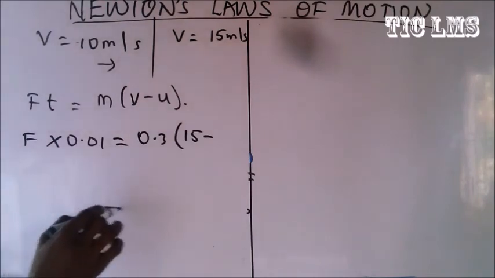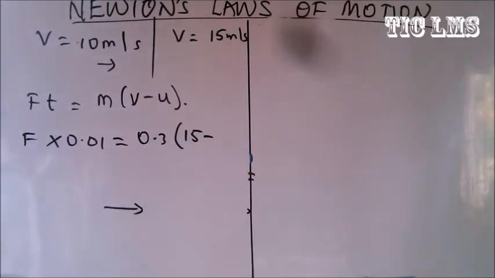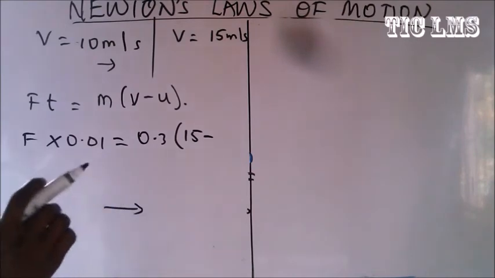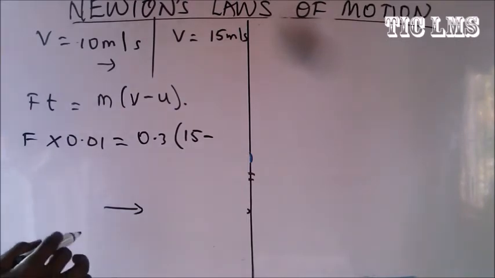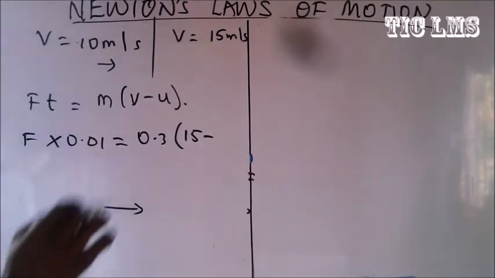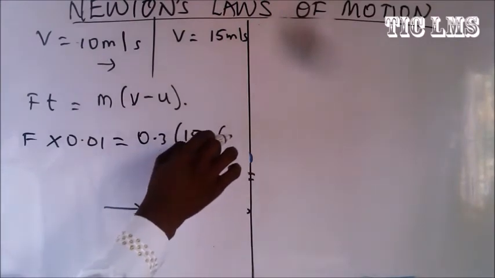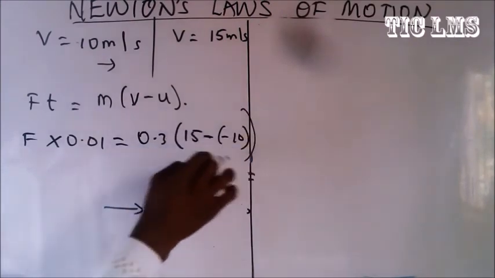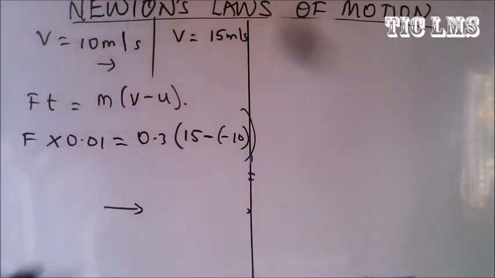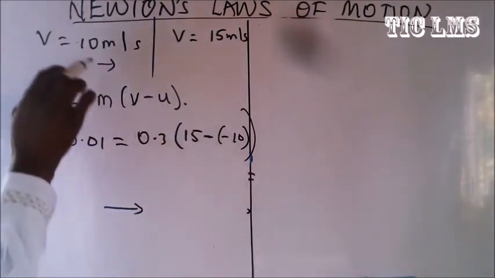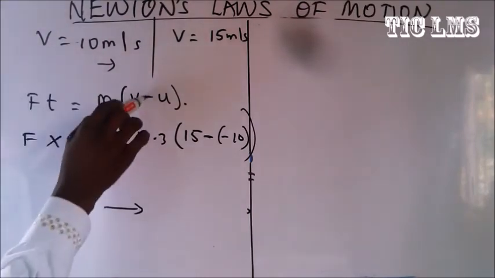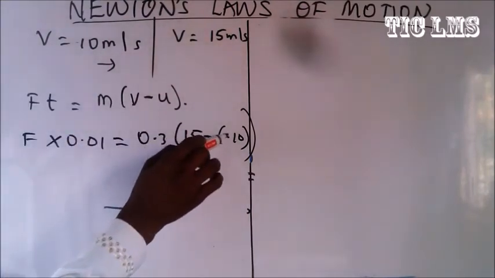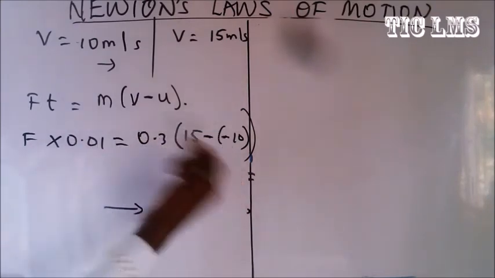Because we have a ball that was moving like this, 10 meters per second. Here comes a force that, number one, countered the 10 meters per second and then caused it to move on with a velocity of 15 meters per second, meaning that it is more like adding the 15 to the 10. So this minus 10 is because it is an opposite direction. So this minus is for this, while this minus is the fact that the body had to move in the opposite direction.